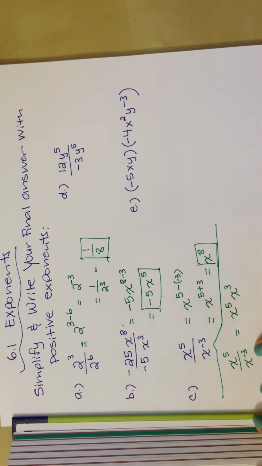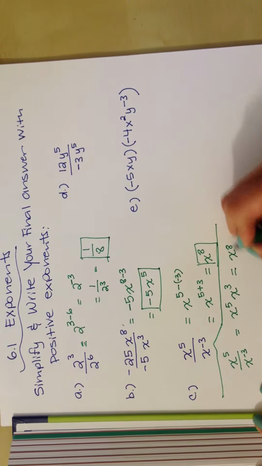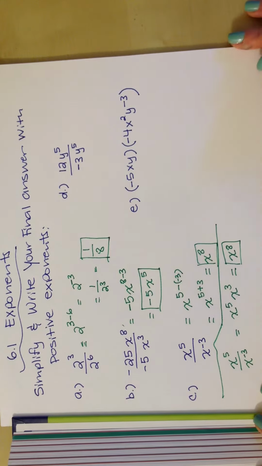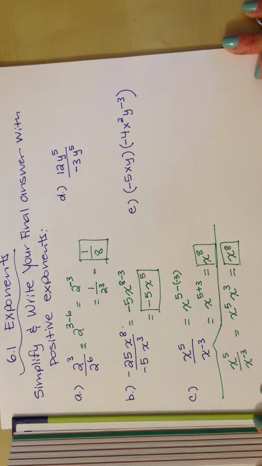So you take x to the negative 3, move it up to the numerator, the exponent becomes positive, and then I use the rule where if we multiply, we add our exponents, and we also get x to the 8th. So there are 2 ways to look at this problem. Both of them will be correct.